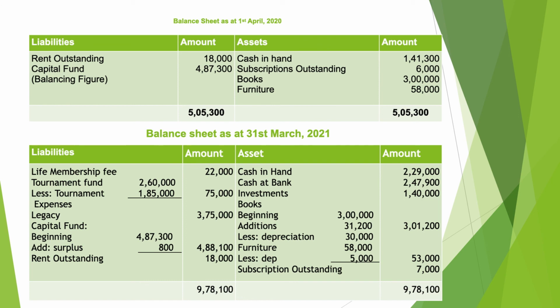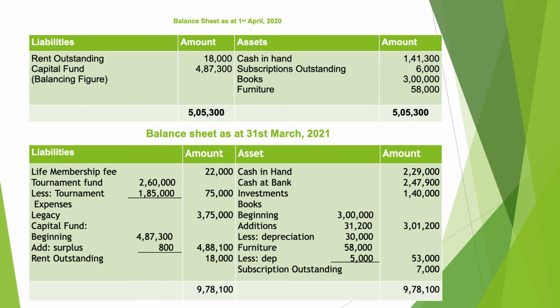The previous balance sheet is prepared at 1st April 2020, where we have recorded, as we have already discussed, the opening cash balance, outstanding subscription of previous year, books which were in the opening balance sheet, furniture, and then rent outstanding was given, and then we calculated the resulting figure, that is the capital fund, and this capital fund will be recorded in the current year balance sheet. And the surplus calculated from the income and expenditure account will be added to the capital fund.